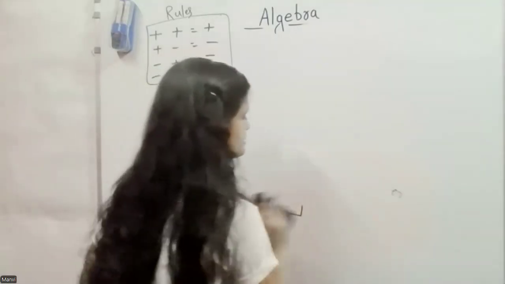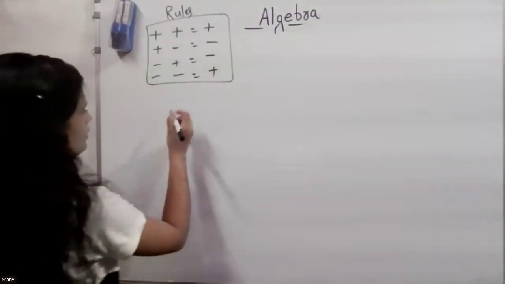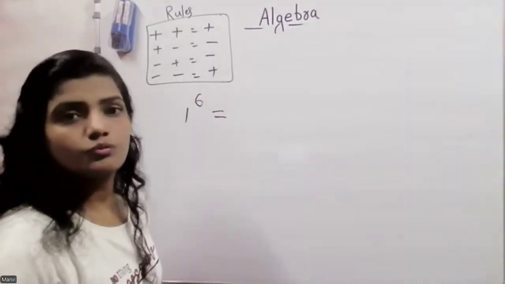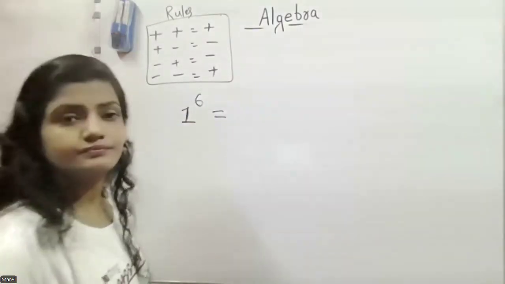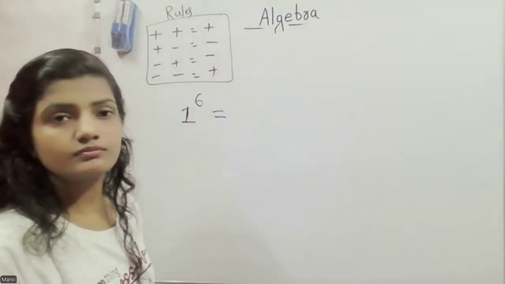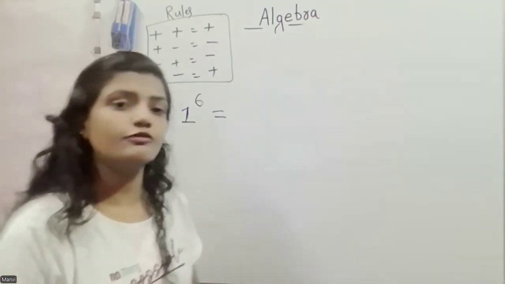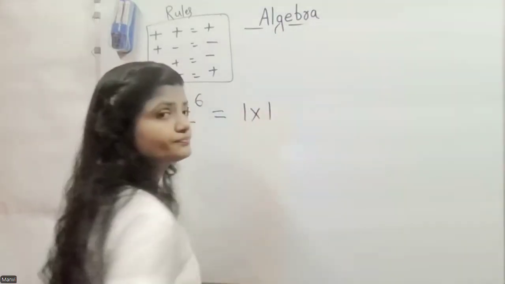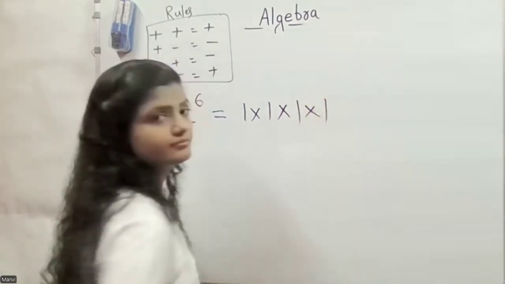You know why I explain this? Because first try to say what will be the answer for this, 1 with the power of 6. Tell me, 1 times 1 is? 1. 1 times 1 is? 1. 1 times 1 is? 1.